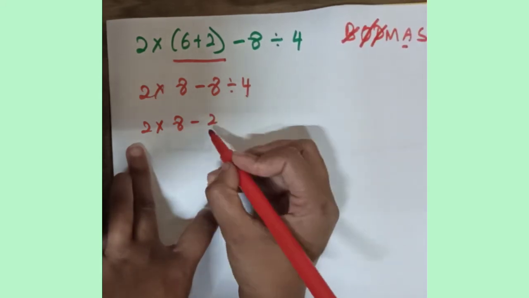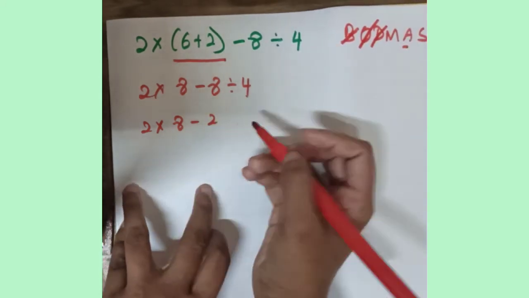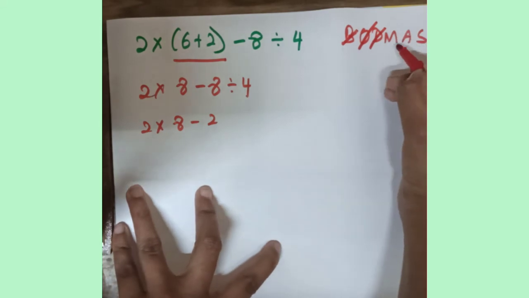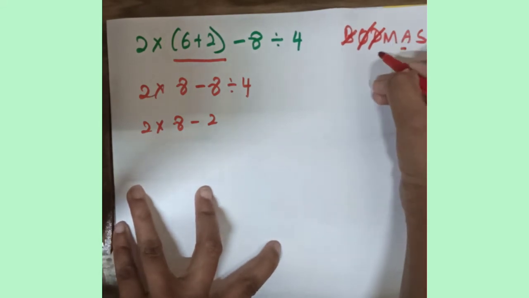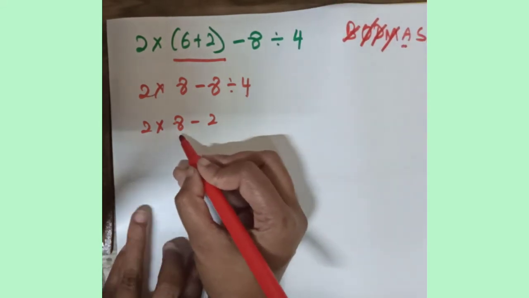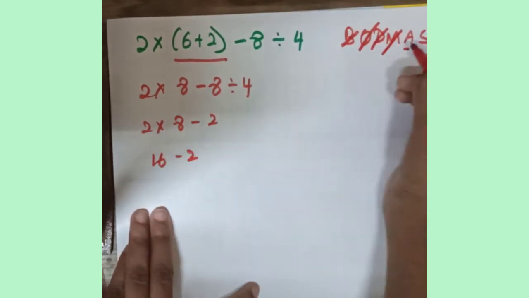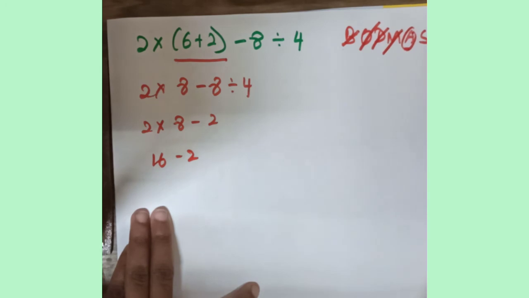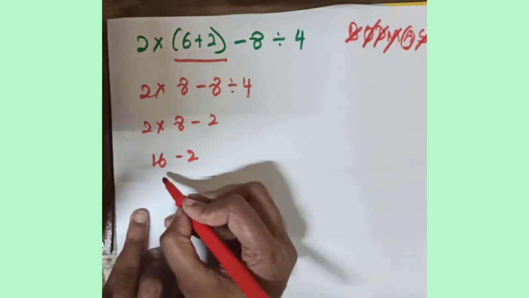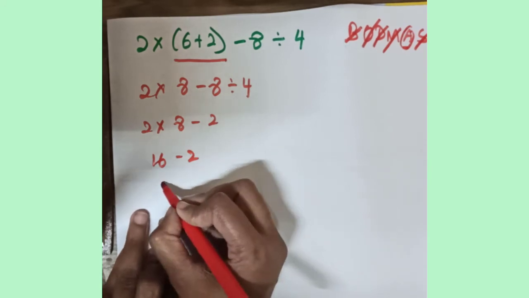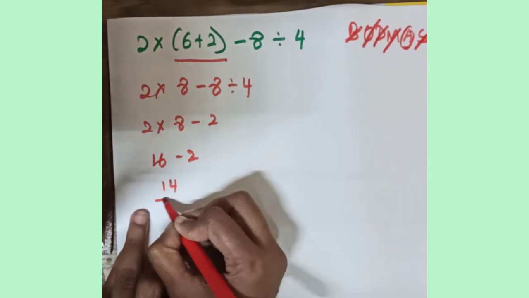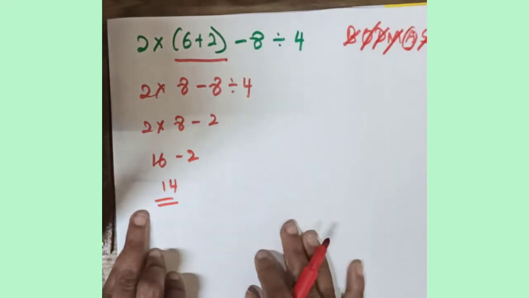Divide it. We get 2. Okay, division done. Next, what do we have to do? We have to do multiplication. 2 into 8 is 16 minus 2. And no addition is available there. Finally, we have to do the subtraction. 16 minus 2 is what? 14. So, 14 comes as the answer.